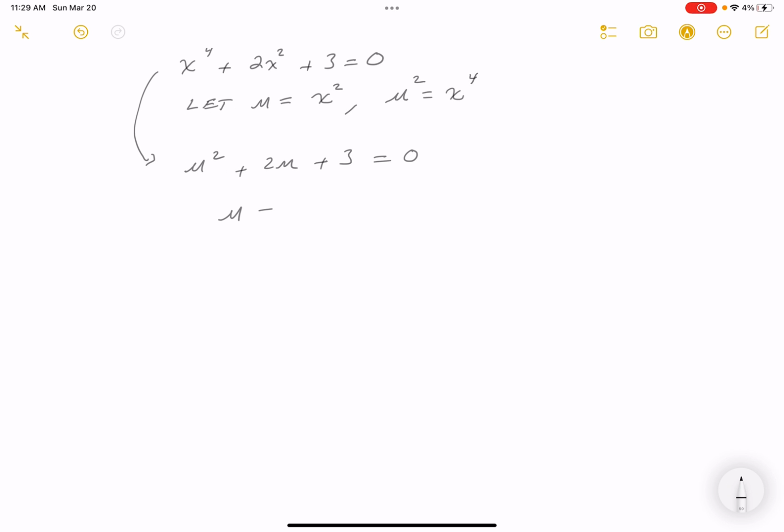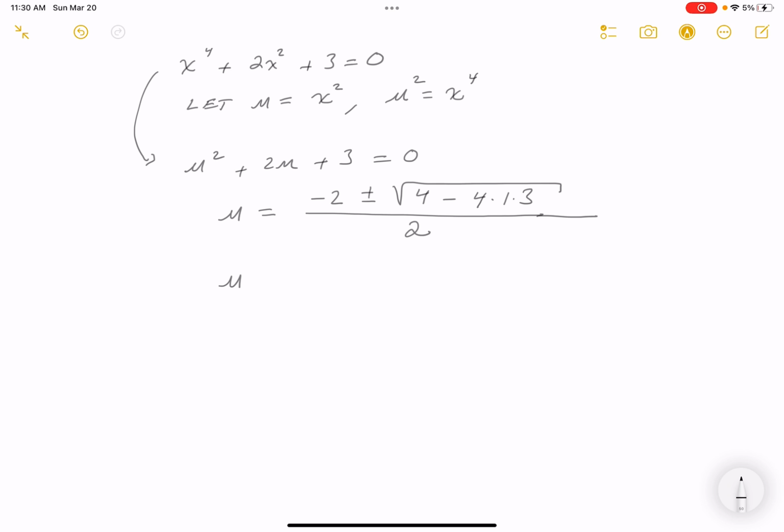What's u going to be? Let's be careful. We'll look at the key later, by the way. So what goes on the bottom? Twice the a, which would be 2. The opposite of the b, which would be minus 2, plus or minus the root, let's see, 4 minus 4 times a times c.